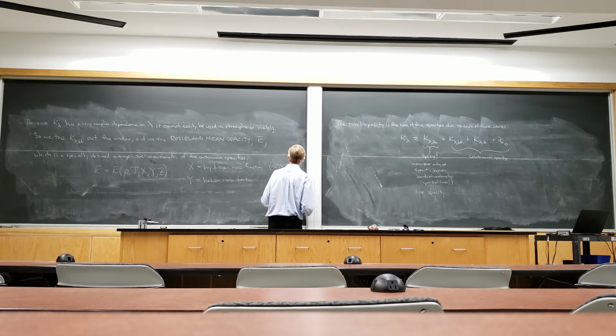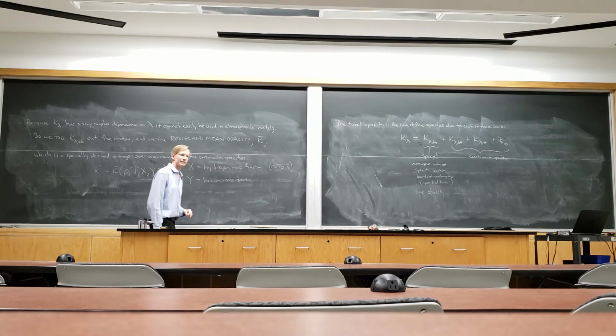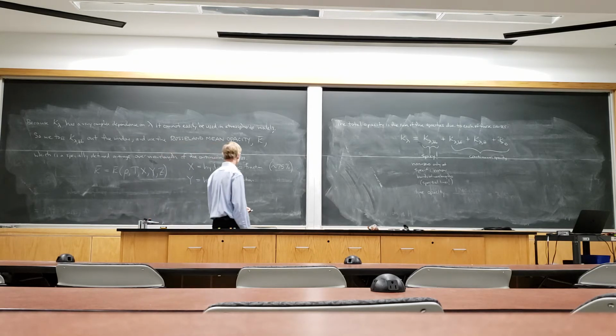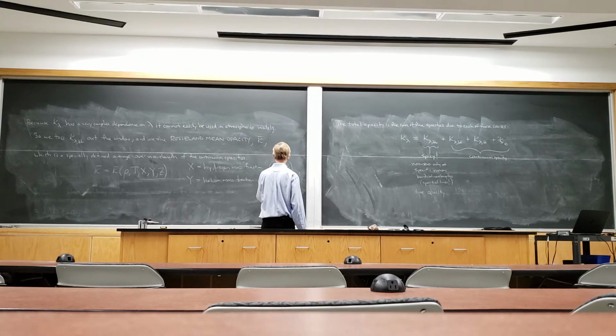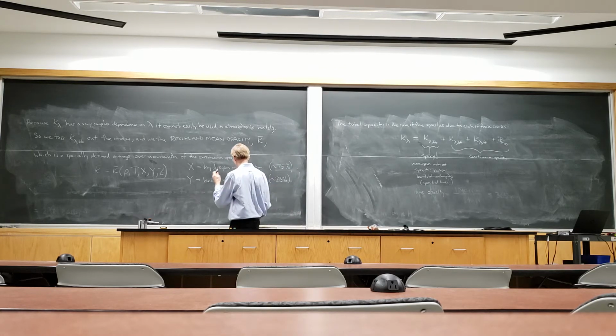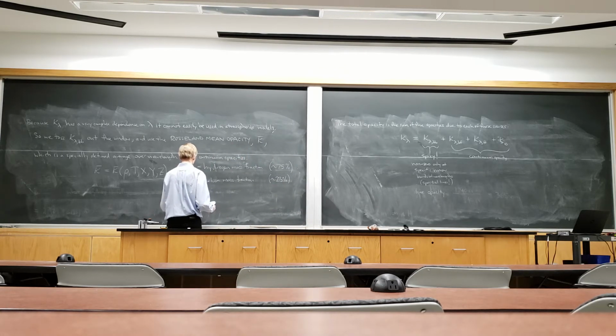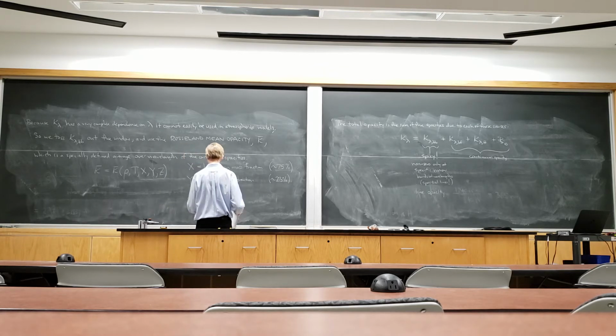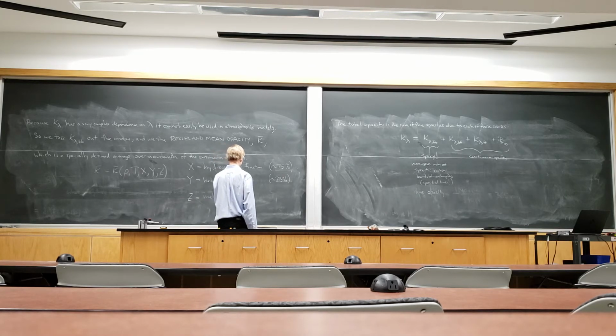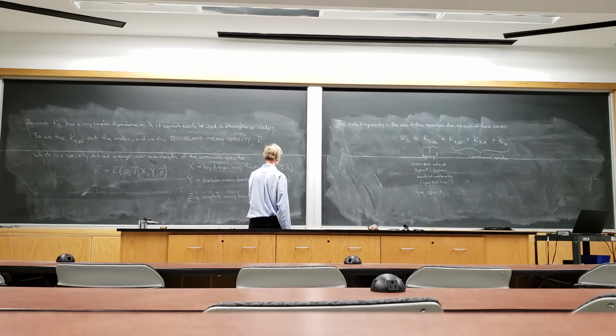So that's typically something like 75% is the hydrogen, and helium is typically something like 23%. And Z is the metals mass fraction, typically something like 2%.